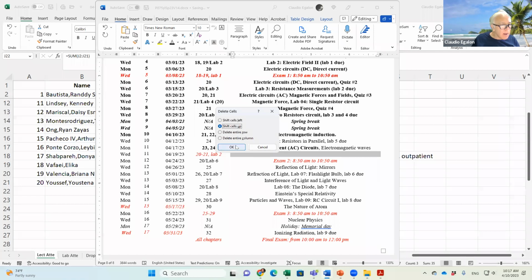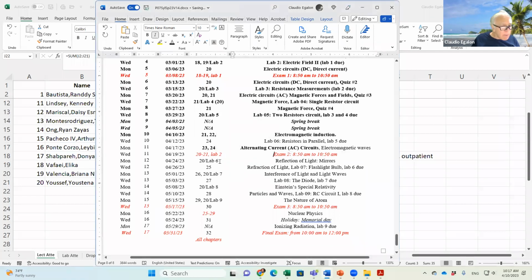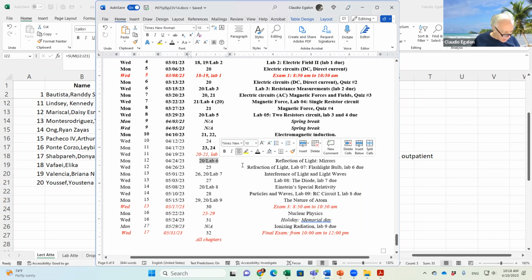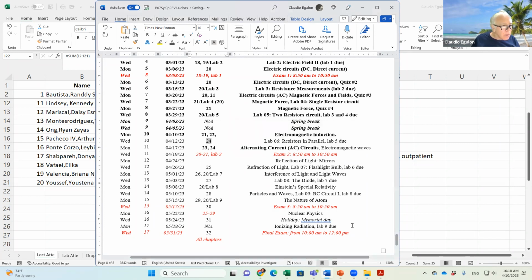Delete cells, shift up. Now, what's going on here? 20. Oh yeah, this one should be 20, lab 6.